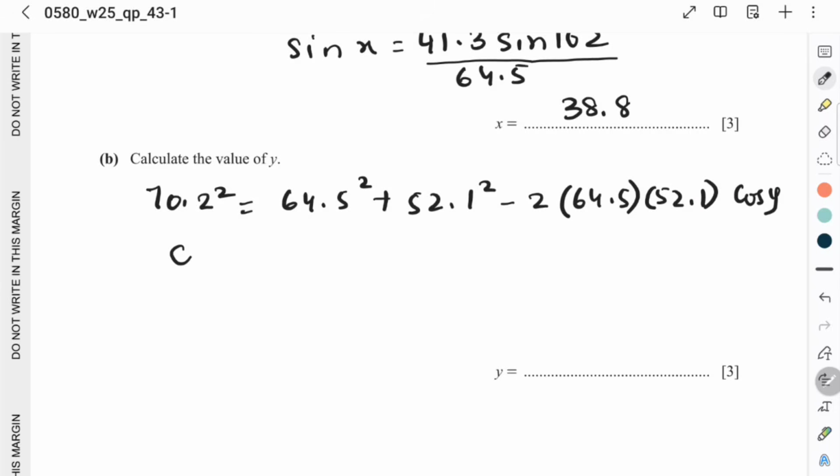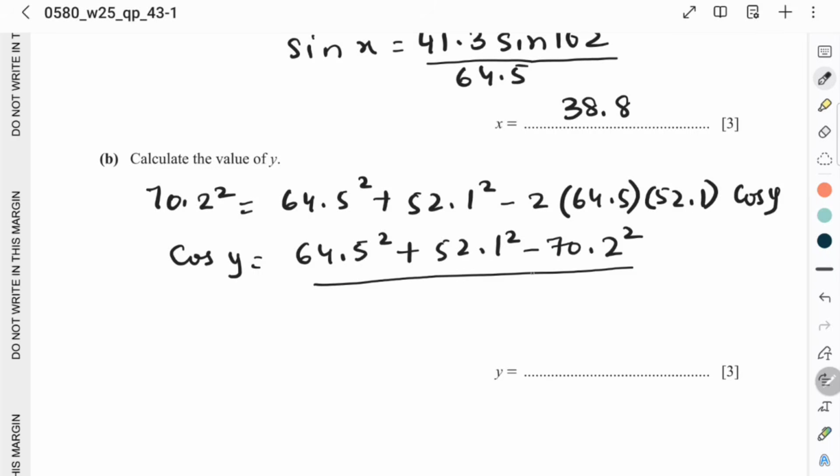Okay, so cos of y is equal to 64.5 square plus 52.1 square minus 70.2 square, divided by 2 times 64.5 and 52.1. For more steps, you can write the numerator and denominator and find the inverse of it.